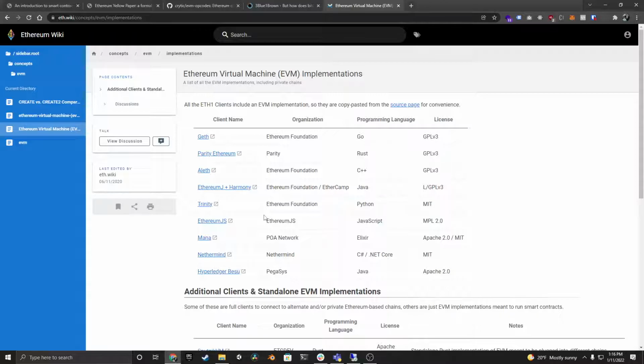Now, this is fundamentally what Ethereum is. It's a bunch of people all over the world running these pieces of software. We call them nodes. And these nodes are peer-to-peer pieces of software that implement the EVM, and they communicate with peers on the network. So you can think of this as really a distributed computing platform, right?